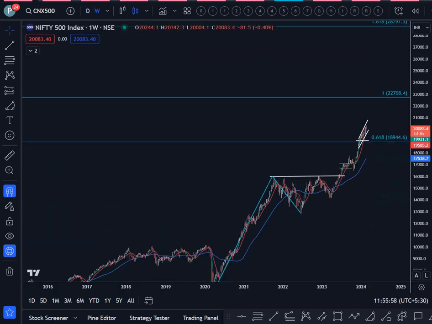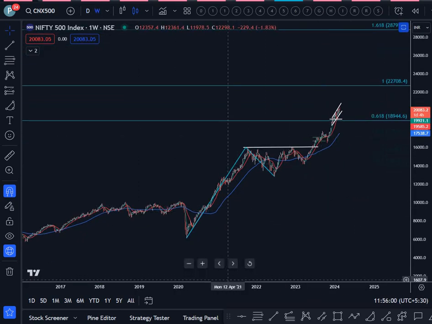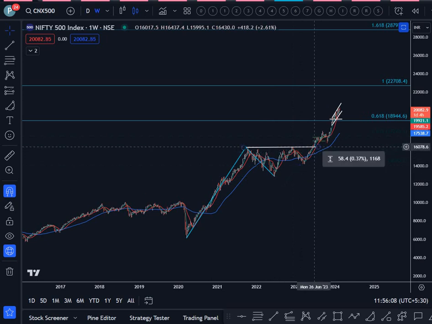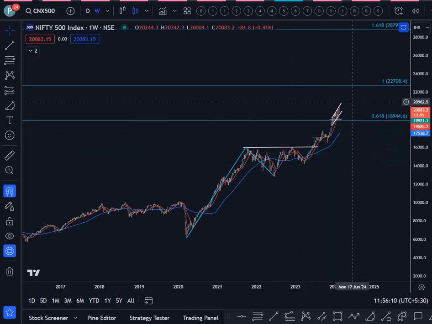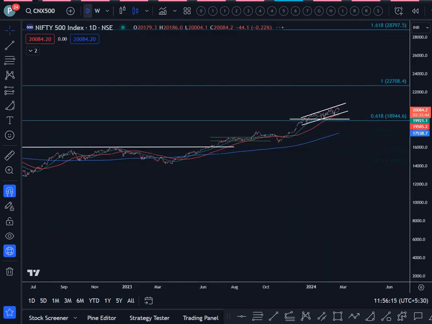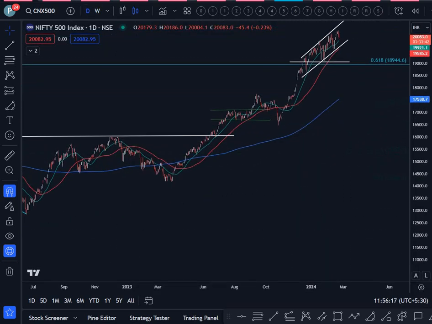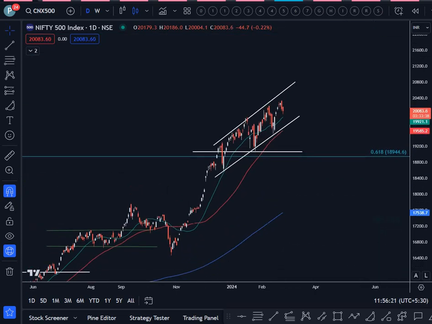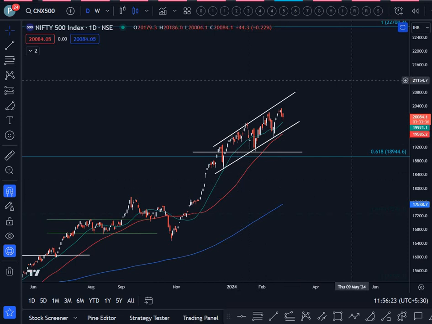If you look at the weekly chart, it's a bit clearer. So here was the COVID ride, and then the correction, and since then it has been in a fairly clear uptrend. Now, if you go to the daily chart, Nifty 500 has been in a channel, right?